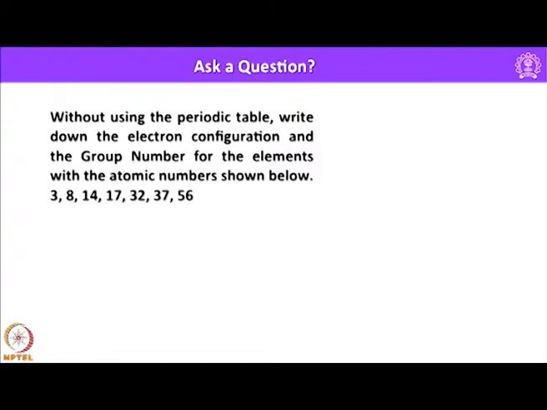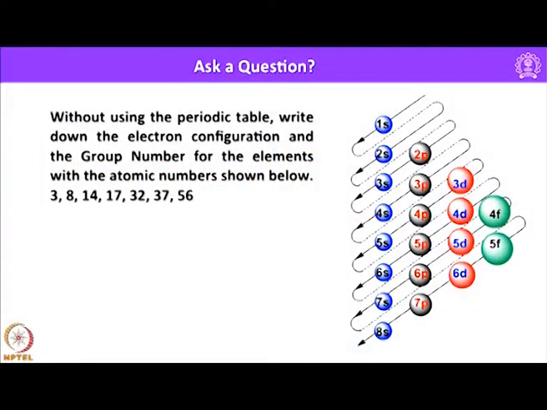So, there is another question. Without using the periodic table, write down the electronic configuration and the group number for the elements with the atomic number shown below. So, how to do that one? It appears very complicated, but once you are familiar with electronic configuration and also with the Aufbau principle, it is not at all difficult to write the electronic configuration for any value.